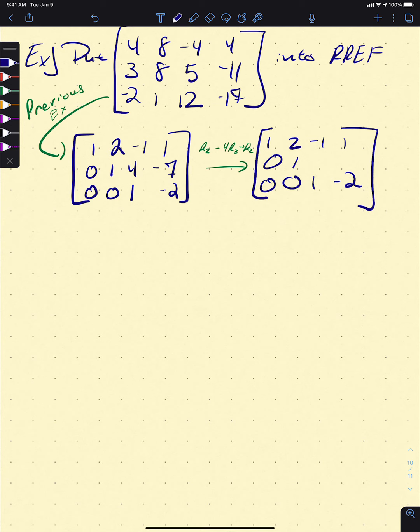And then we're going to have 4 minus 4 times 1 for 0. And then we're going to have negative 7 minus 4 times negative 2, which is going to come out to 1. Okay? And now that we've cleared this entry and turned it into a 0, let's keep going and let's try to get that one to go away.